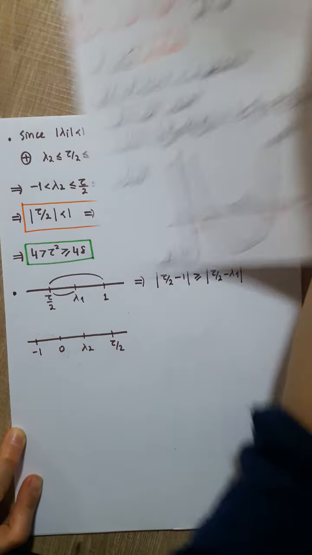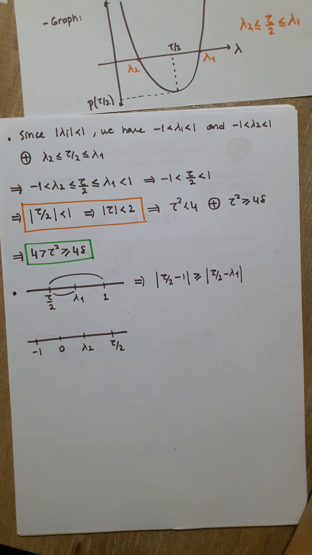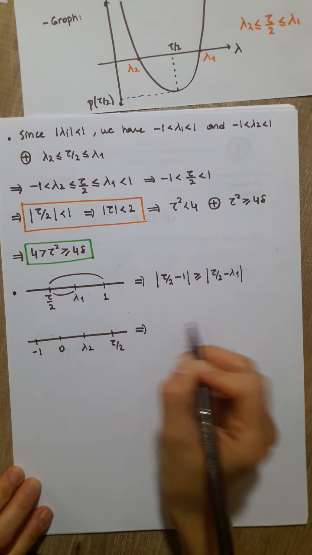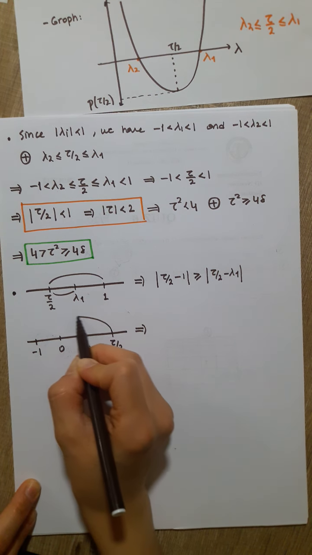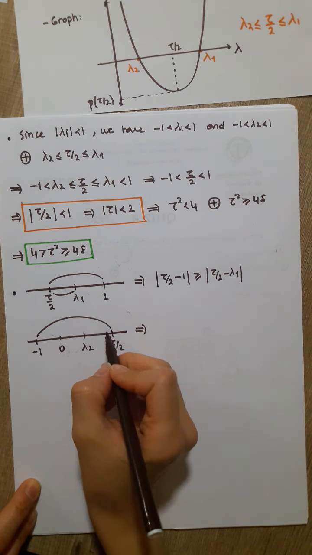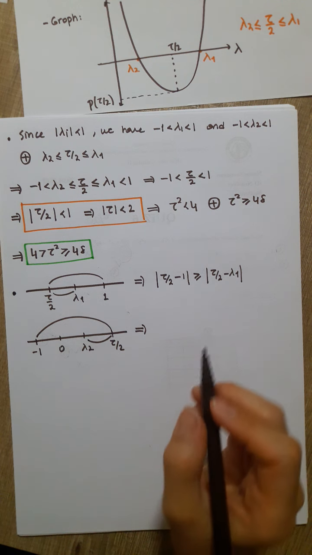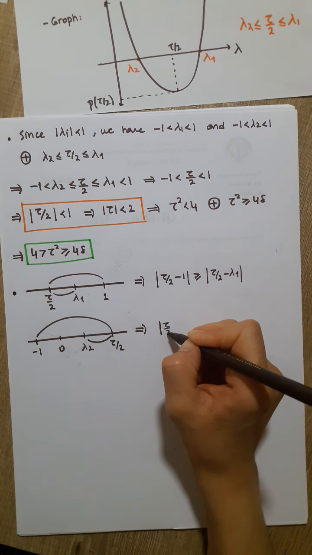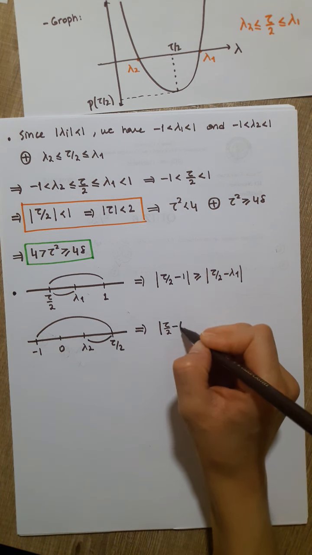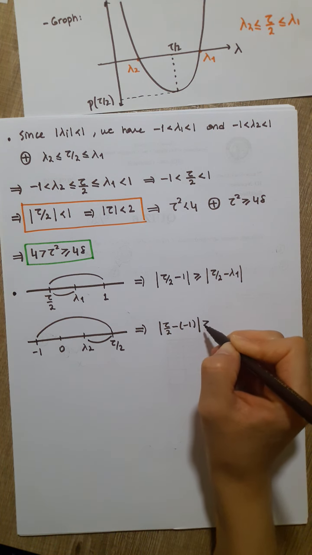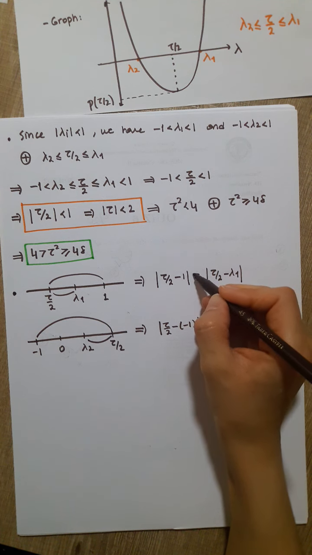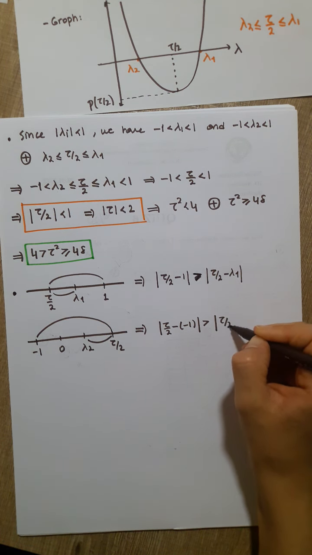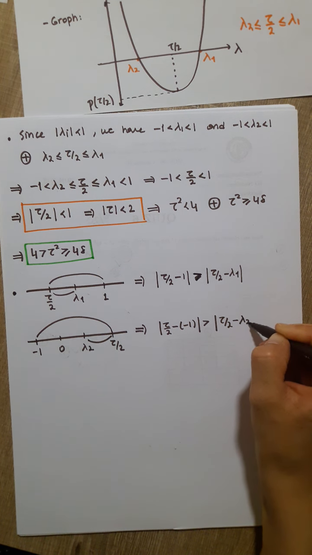So, for this time, this difference is greater than that difference. So I have tau over 2 minus 1 greater than, let's write only greater than, tau over 2 minus lambda 2.